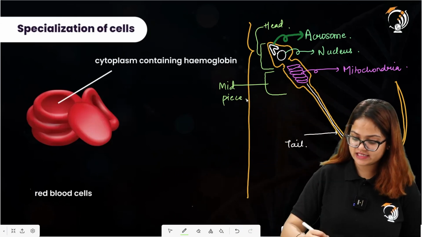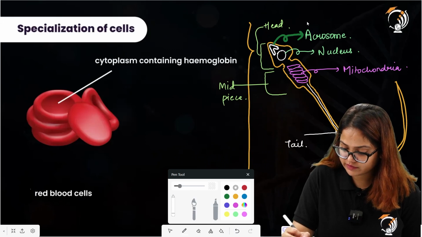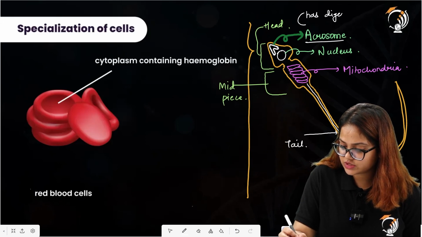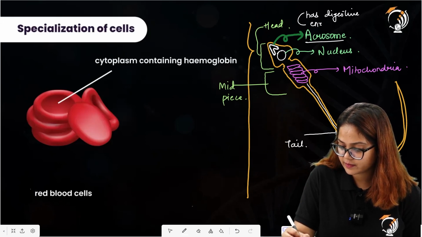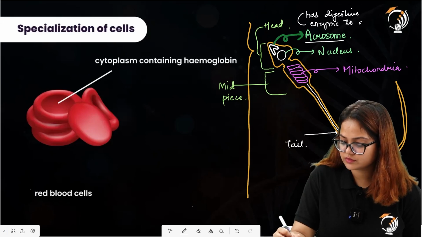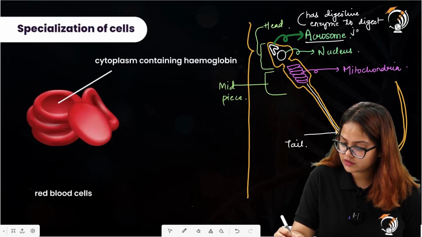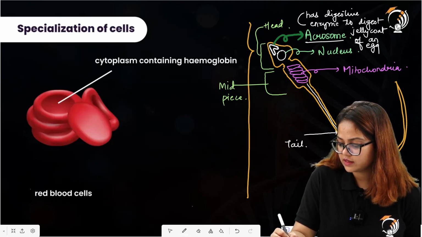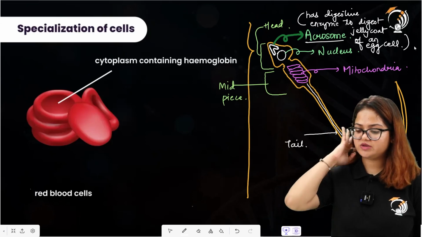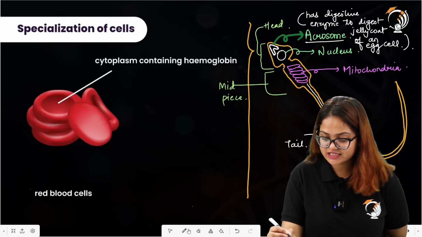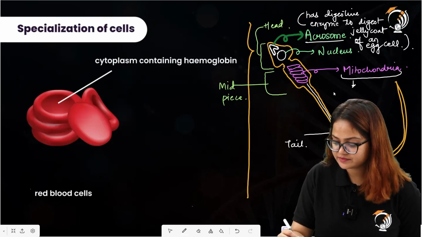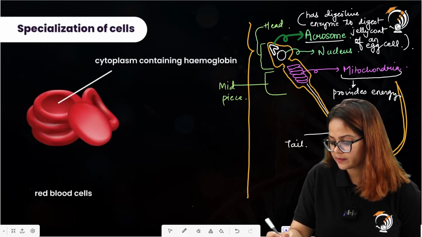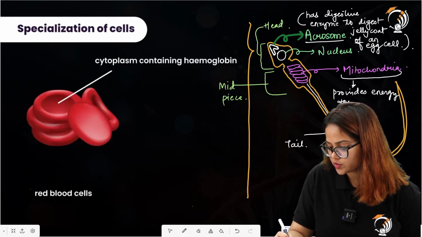So acrosome has digestive enzyme to digest the jelly coat of an egg cell. Alright, so it is responsible for this feature. Then we have mitochondria. These are responsible for providing energy for swimming.